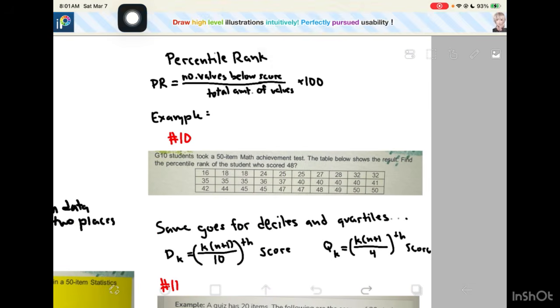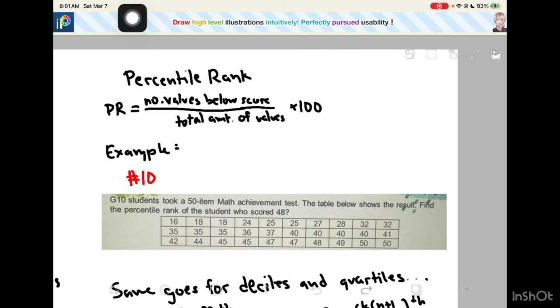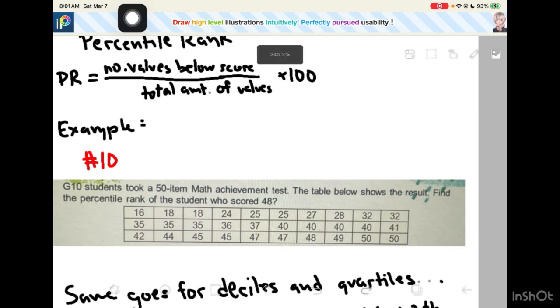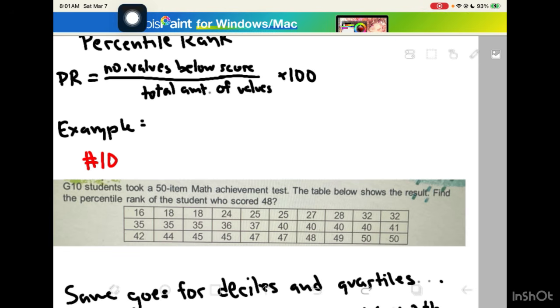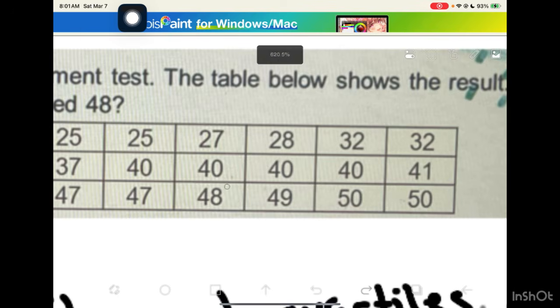Alright, number 10. Another simple formula we need to learn is the percentile rank. So it's equal to the number of values below the score over the total amount of values. So this is strictly below the score. So if it's equal, we don't count it, only below. So we have 30 items here, and let's say we need a score percentile rank of 48.